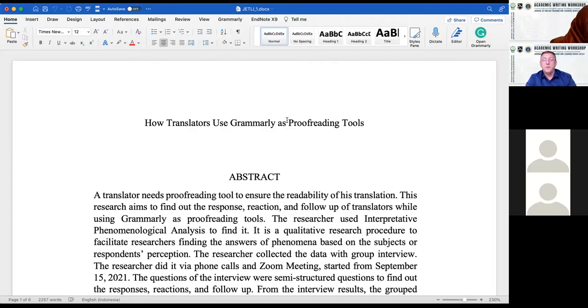So the author should have written "as a proofing tool." Yeah, that would have been much better. Something like that in the title is a simple mistake, but it causes me to check a little closer.